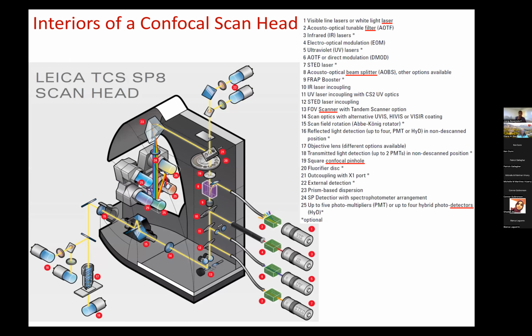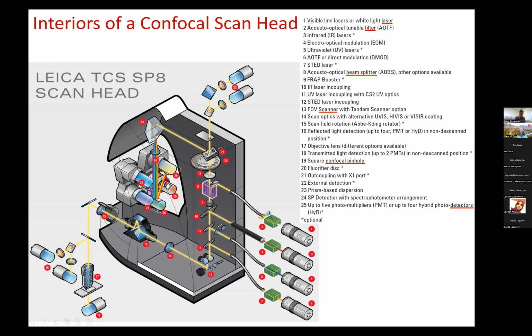Okay, so that was what I want to say about detectors and light sources. And now let's have a look into our confocal scan head. So this is taken from a Leica microscope, but the confocal microscopes by other manufacturers look fairly similar to this one. And I think you will find in general the same kind of devices there, or alternative solutions which yield you similar results.